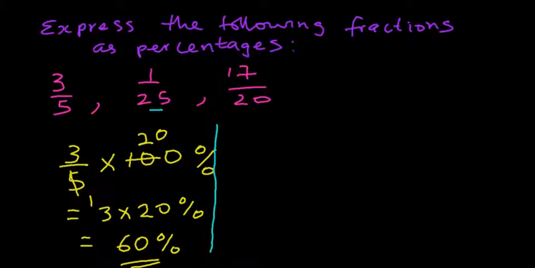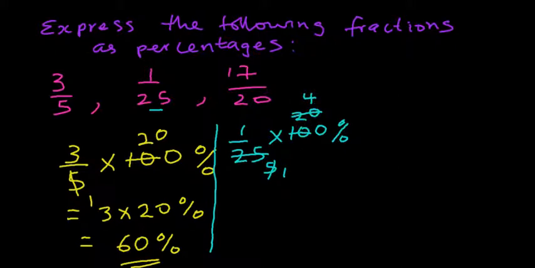Let's work it out. 1 over 25, you multiply that by 100%. 5 goes in here, 5 goes in here 2, then you bring the 0, that's 20. 5 goes in there 1, 5 in 20, that's 4.